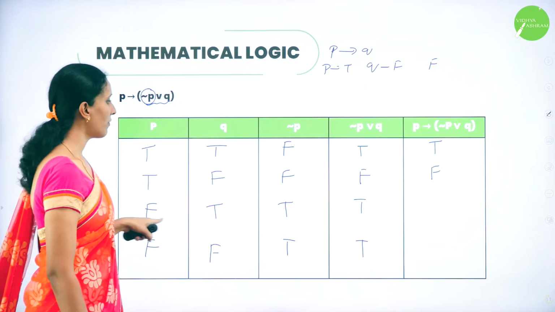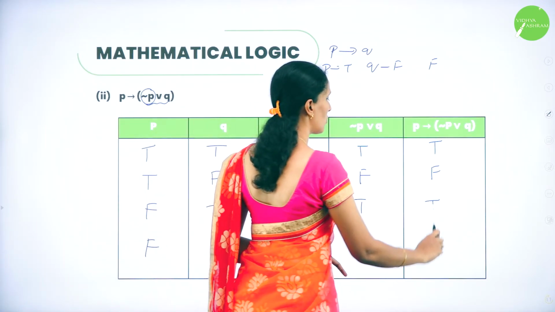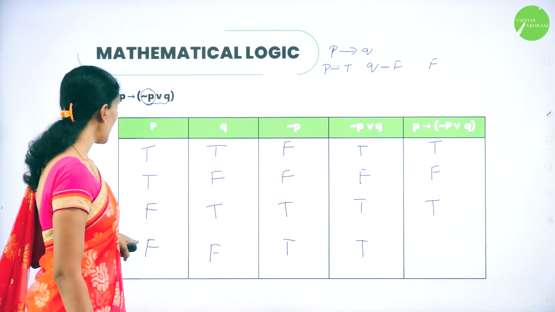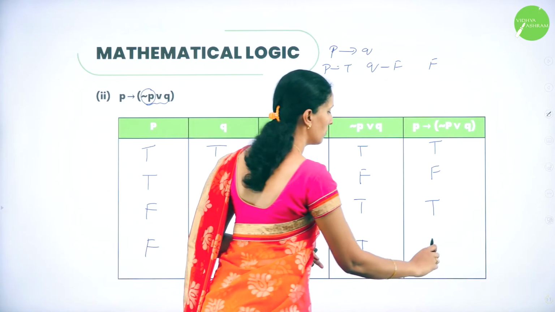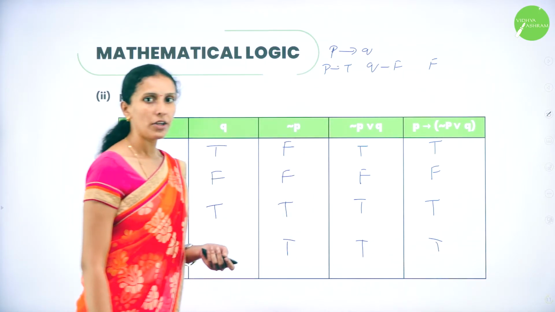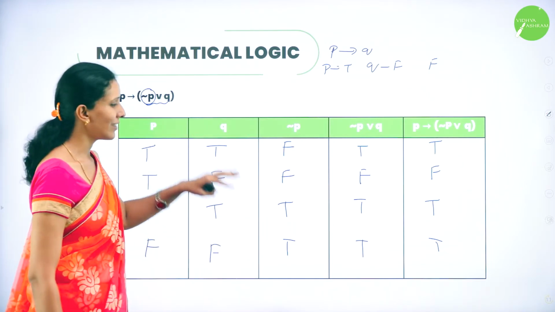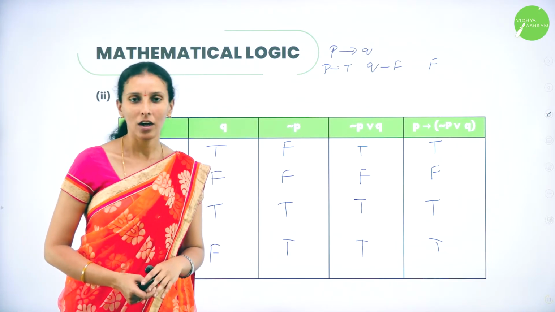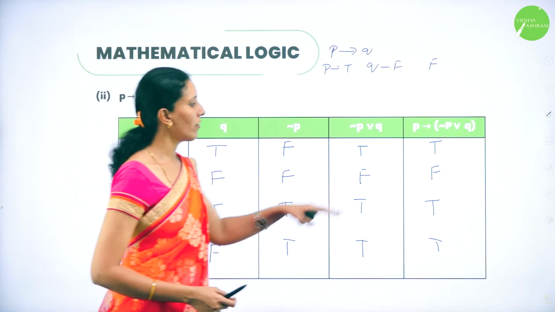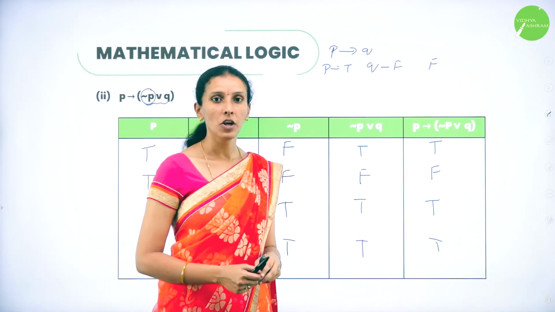Next, P false, Q true, it is true. Next, P false, Q false, it is true. So what do you think? Is the given a contradiction or a tautology? It is neither a tautology nor a contradiction, because you have a mixture of both false and true.